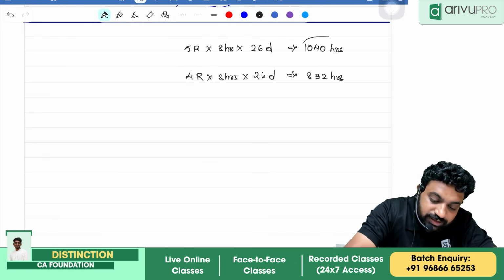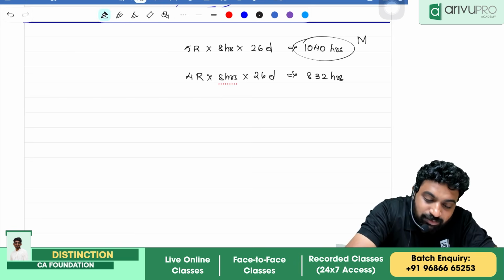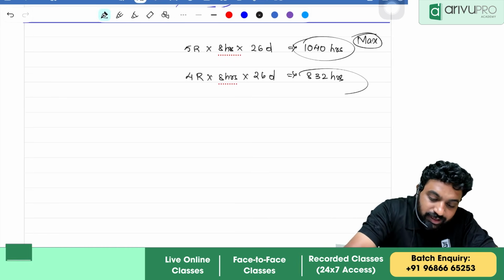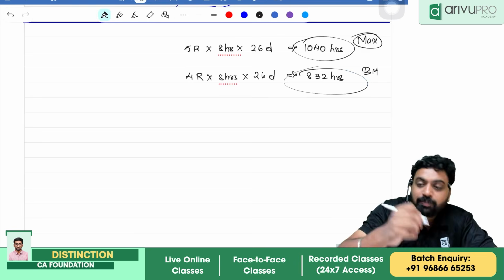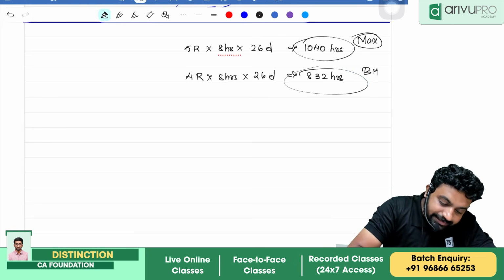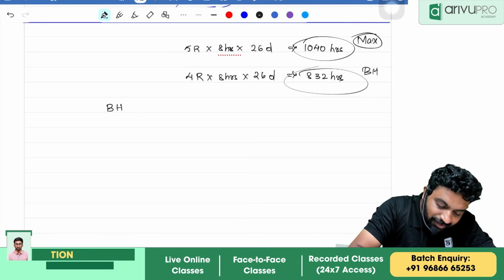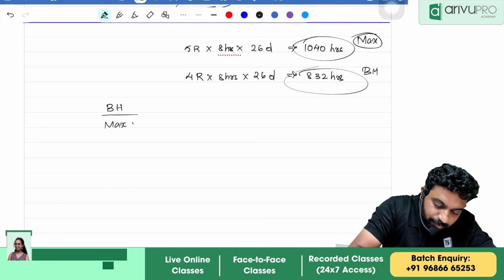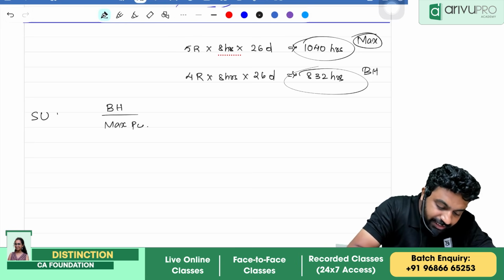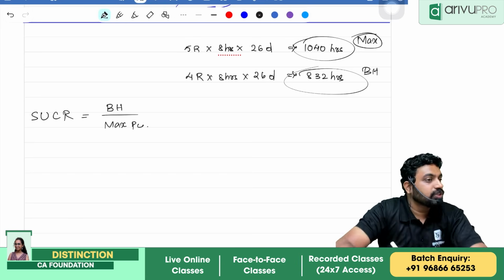Now, this is your maximum possible hours. This is the maximum what we can achieve. This is what we are planning, budgeted hours. Now, this budgeted hours divided by maximum possible hours, that only will give you standard usage capacity ratio.